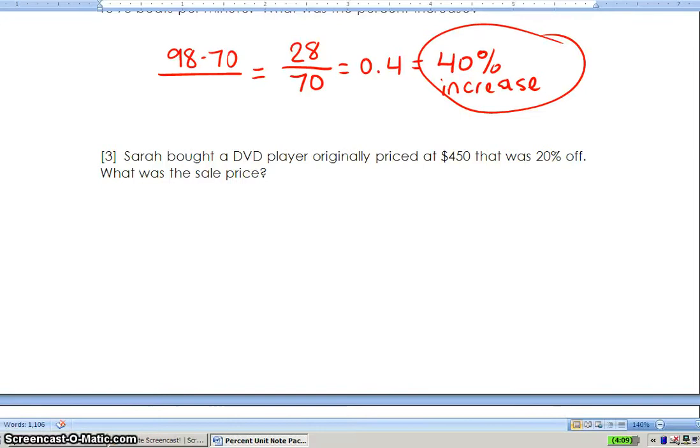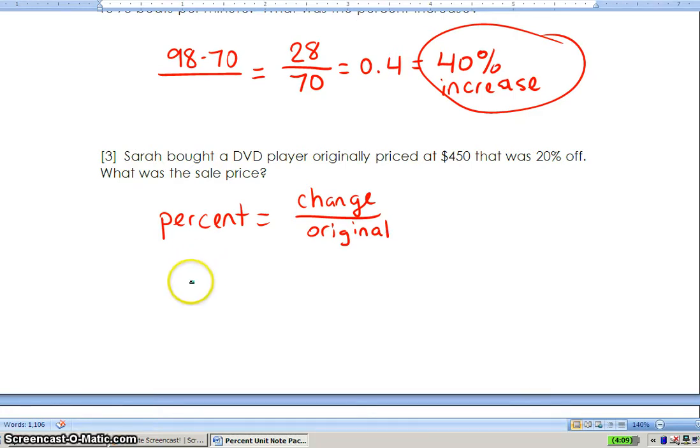Alright, if you're having trouble with this one, I understand. This one's a little tricky. So I'm going to write down the formula first. Percent equals change over original. And that's abbreviated from up above, but that's basically what it is. Alright, do we know our percent this time?